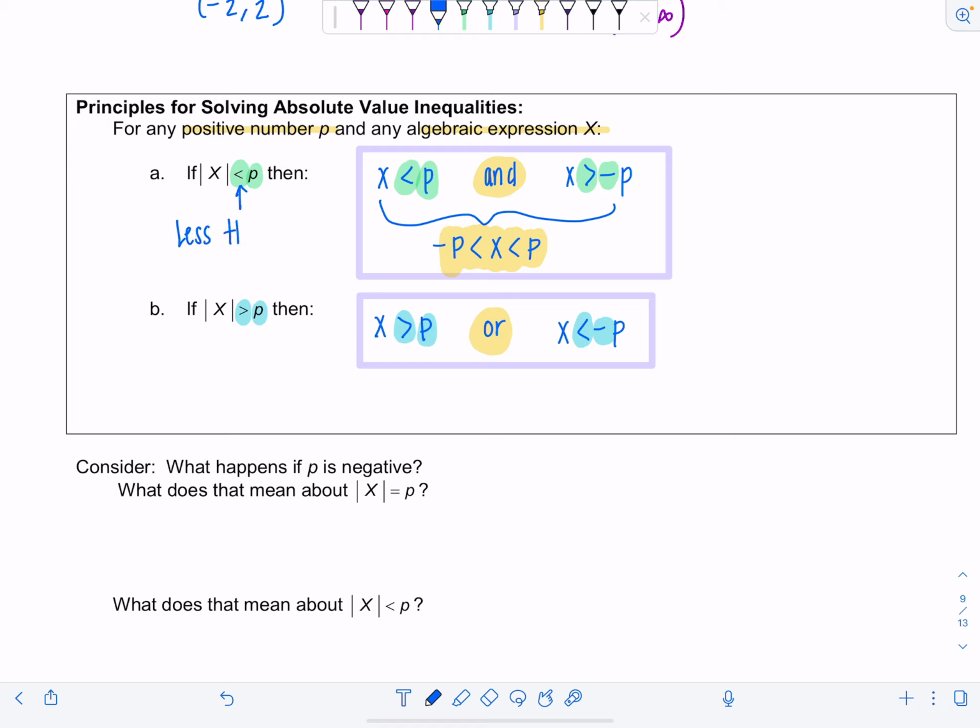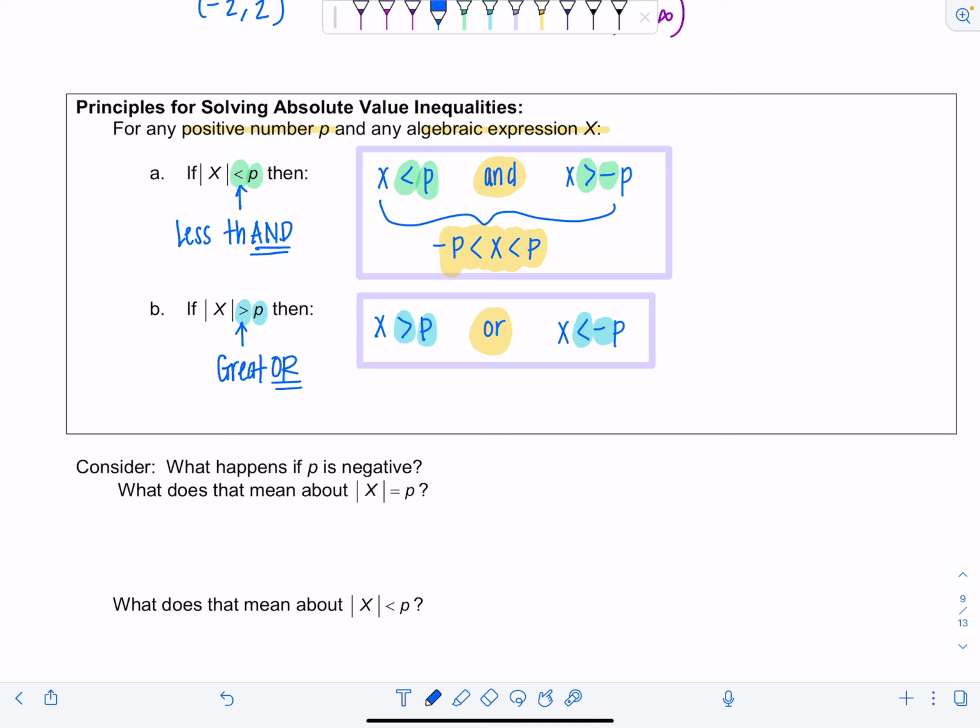So think less than, okay? So less than goes with and, then this is absolute value of x is greater than p. So this is great, oh yeah, or, great or. Okay, it's a little cheesy, but it should help you.